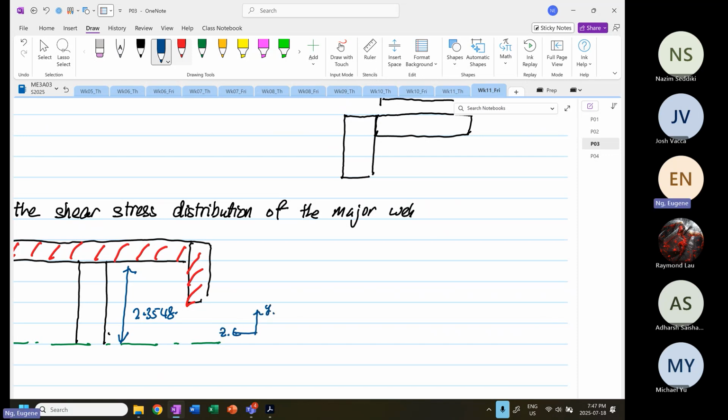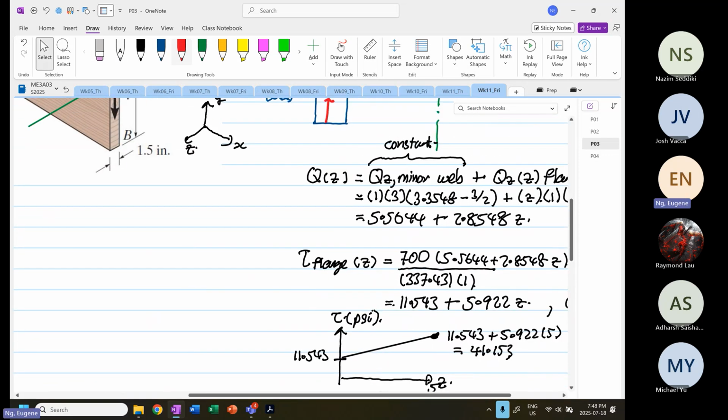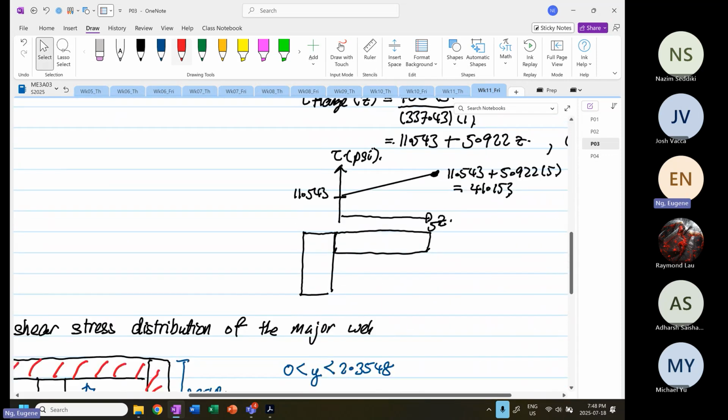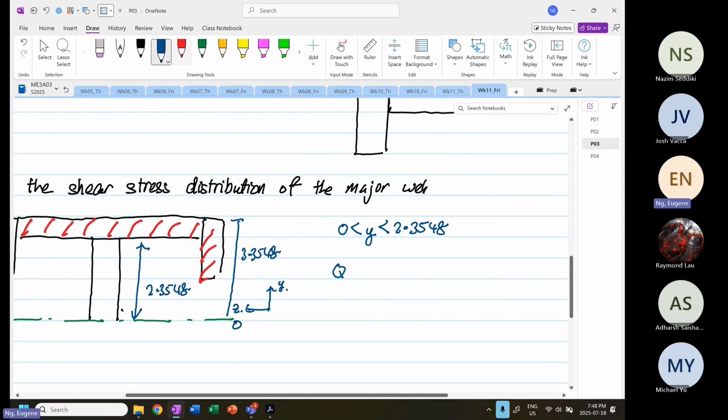Because this is of z. So the limits will be from 0, from the datum, and y, and it's going to be up to 2.3548, because the distance from here to here is 3.3548. Let me check. 3.3548, correct. Okay. So from here, we are going to find the first moment of area Q.